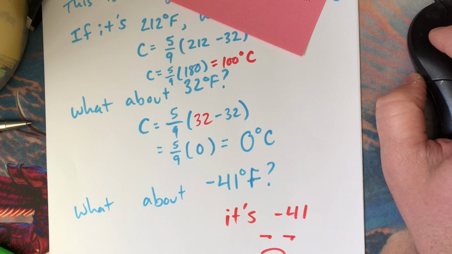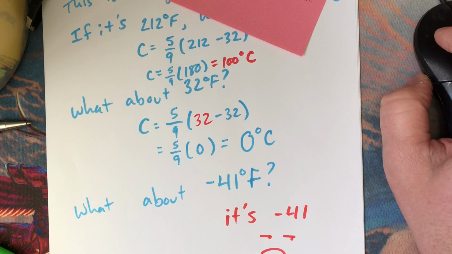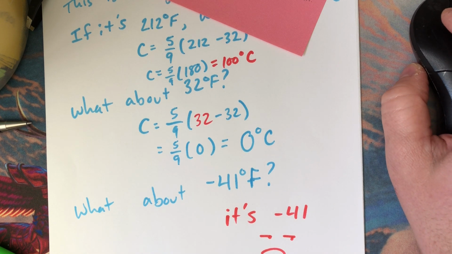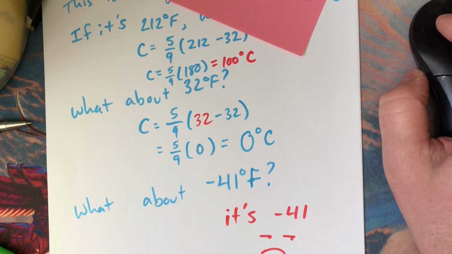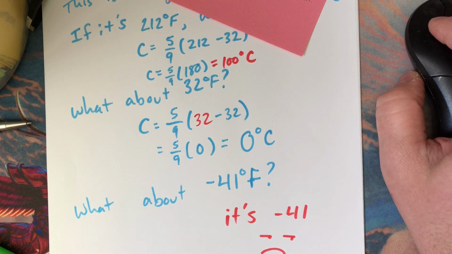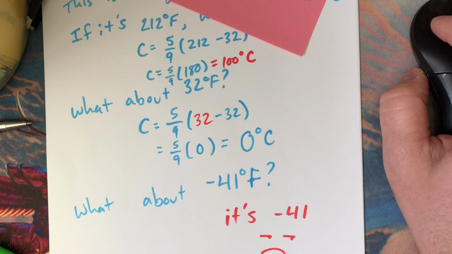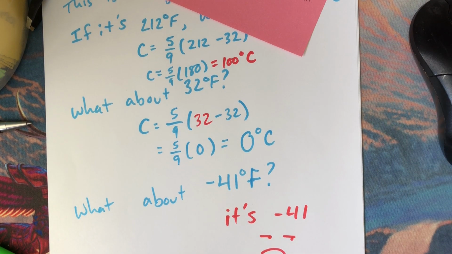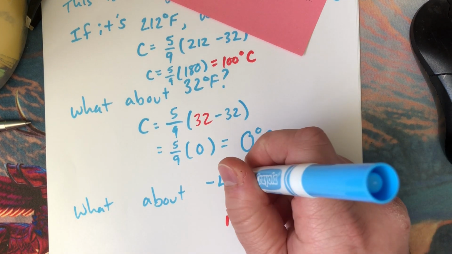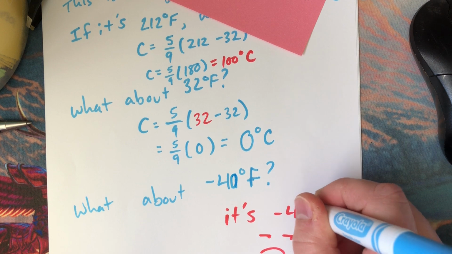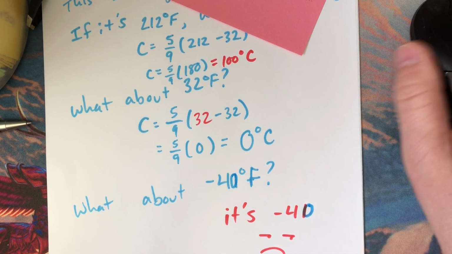Hold on, negative 41 minus 32. Whoops. It's not. I think it, oh, is it negative 40? I think it's negative 40. Let's do negative 40.